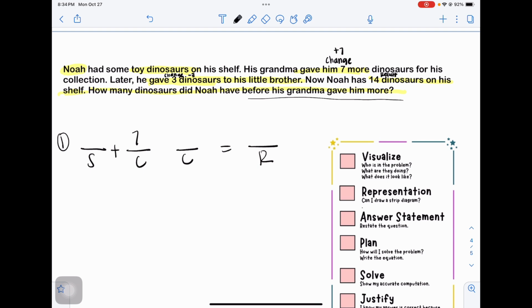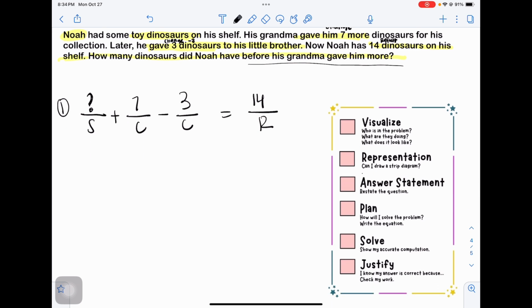Later, he gave 3 dinosaurs away to his little brother. So we're subtracting 3, and it equals 14 dinosaurs he now has on his shelf. We don't know our start, so it's going to be a question mark. And that is our visualize.